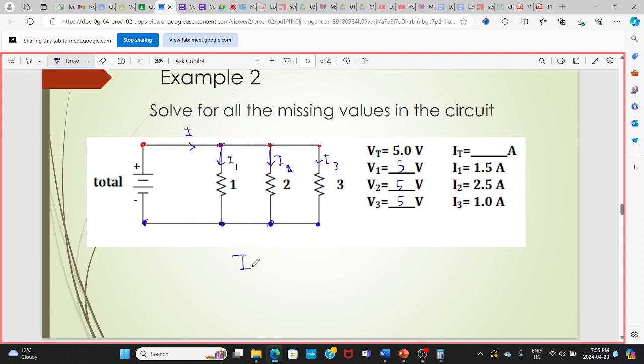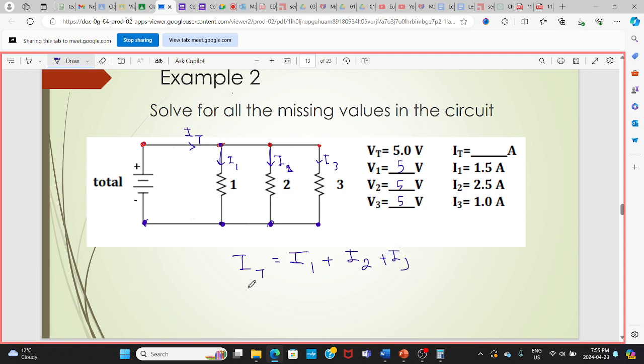So I total, or incoming, is equal to the outgoing added to each other. These 3 are out of the point, and this one is just into the point, right? So incoming is equal to the addition of outgoings.